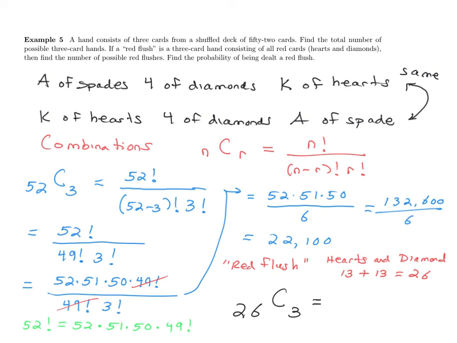The formula for this is similar to what we just did. This time it is 26 factorial divided by 26 minus 3 factorial and then 3 factorial. I ran out of room here, so on the next slide, I'll copy down this number, we'll compute this, and the ultimate point of this question is, once we figure out the number of red flushes, we can ask what is the actual probability that you'd be dealt this kind of hand?